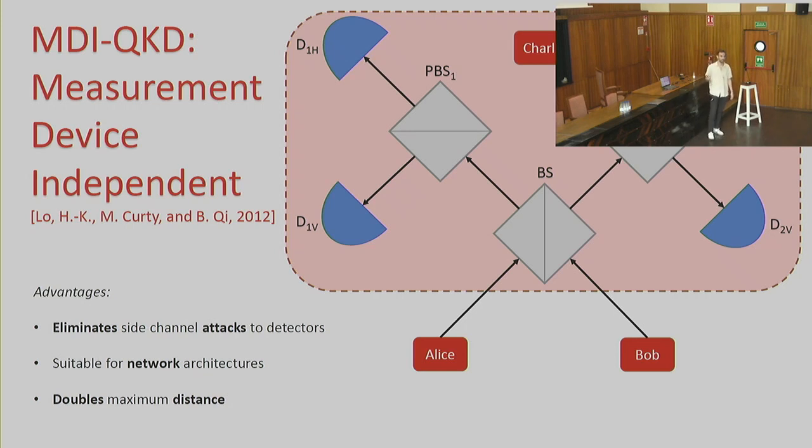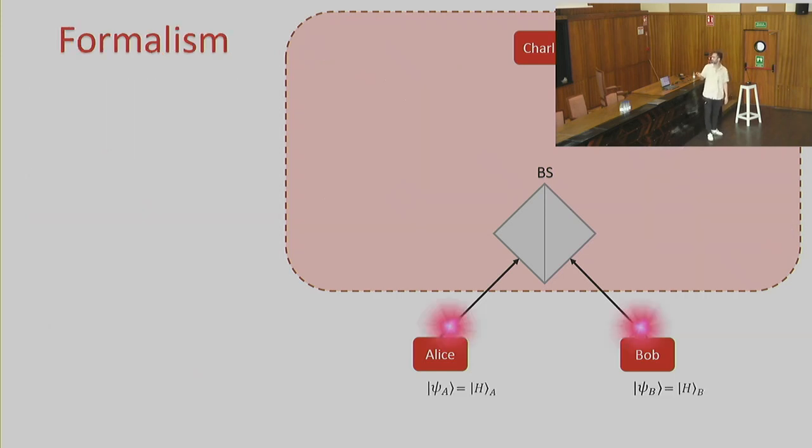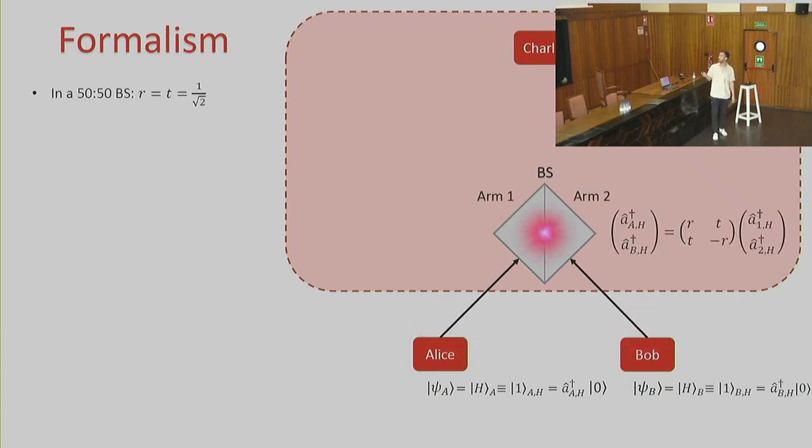To understand the basics of this protocol and why it's safe, I would like to show you some very simple calculations. Imagine Alice and Bob send the horizontal state. This horizontal state could be written in terms of the creation operator applied to the vacuum state. I do it this way because once we get to the beam splitter, I can relate the creation operators at the output of the beam splitter in terms of the operators at the entrance via this matrix equation we see here.